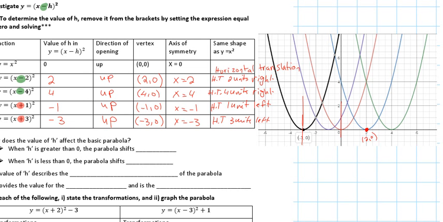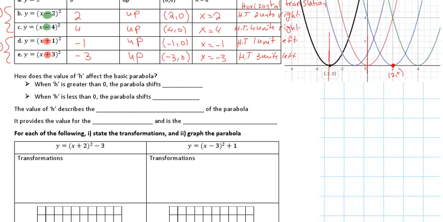So you have to be careful with this, that it's going to look the opposite to what you see. Whatever's inside the bracket is opposite to what you see. So how does the value of h affect the basic parabola? When h is positive, the parabola shifts to the right.